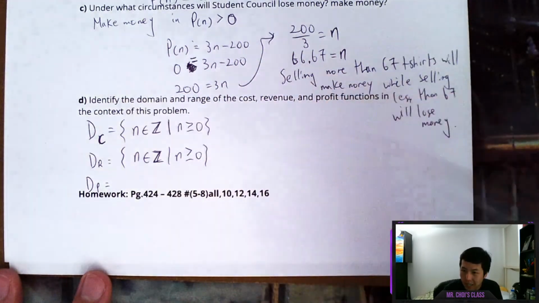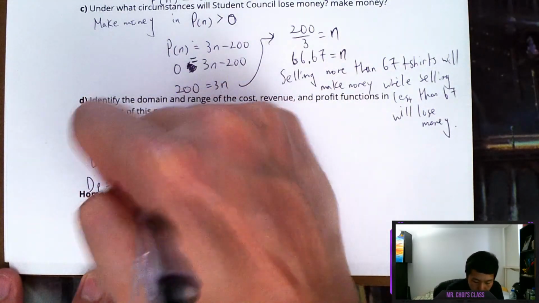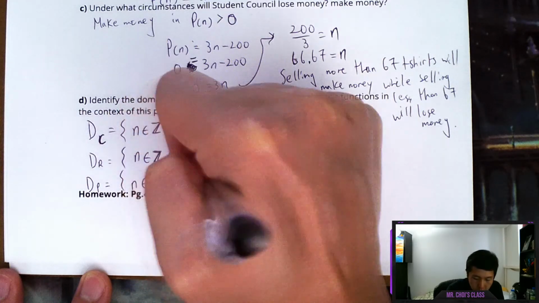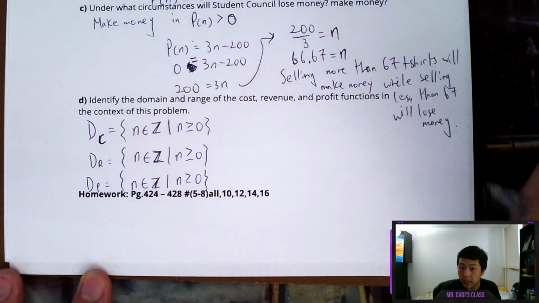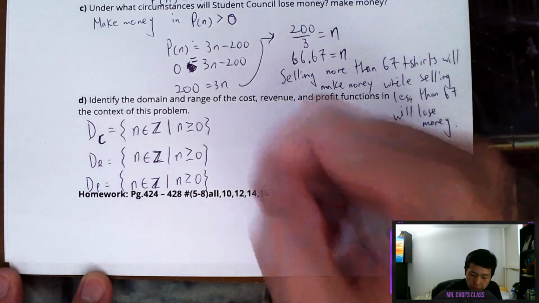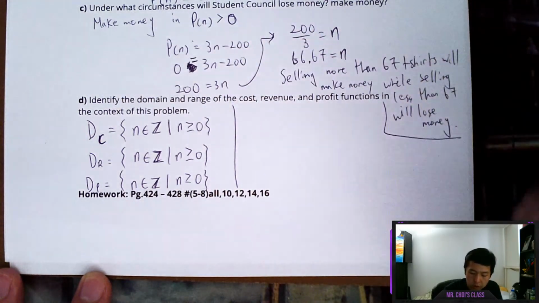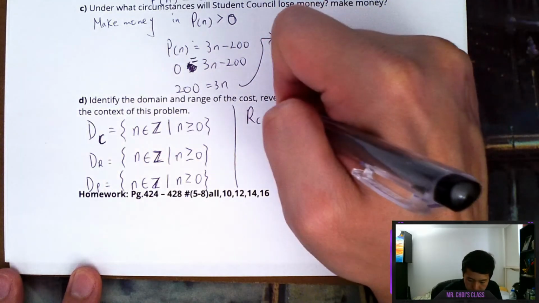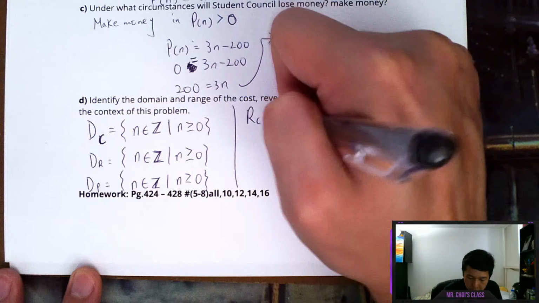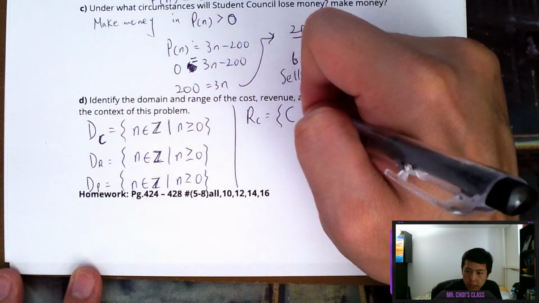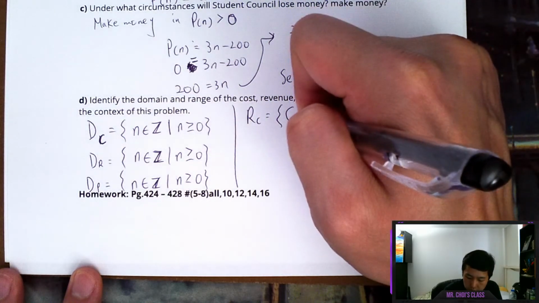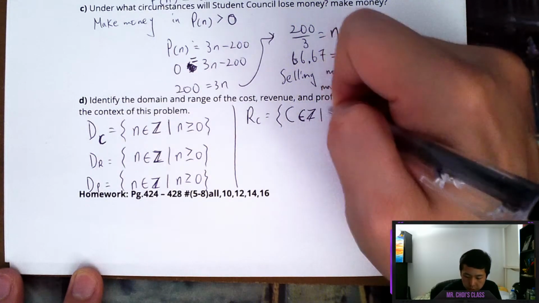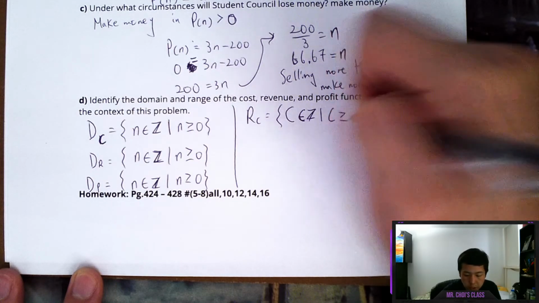The domain is exactly the same for both, which means we can quickly assume that the domain is exactly the same for the profit function, which we subtracted the cost and revenue from. So that's domain. Let's find the range of C. So the range of C is such that, well, we'll do capital C because that's our cost. C is, in our case, also going to be an integer value, and therefore such that C is greater than or equal to 200.